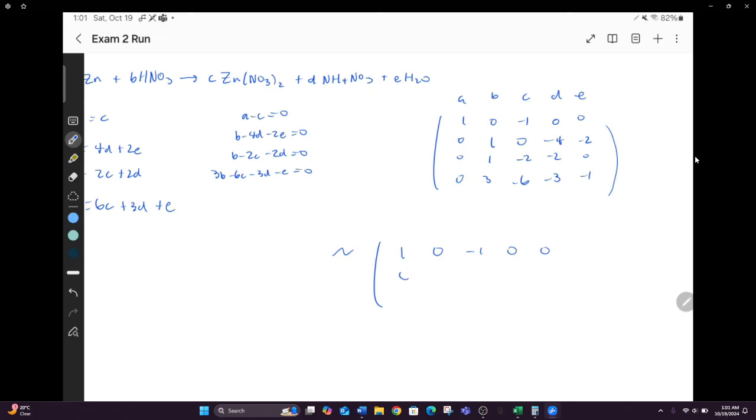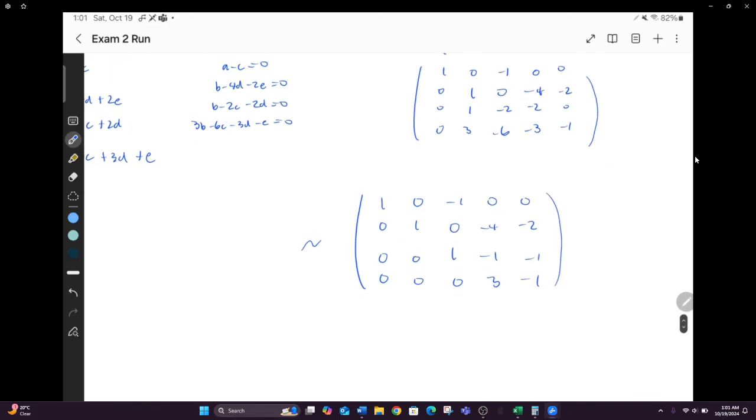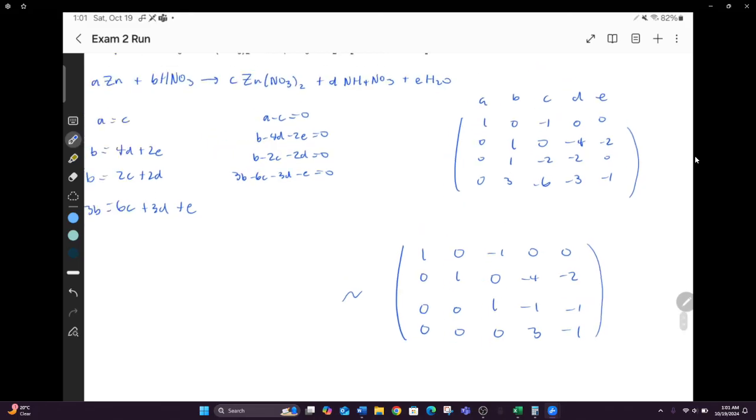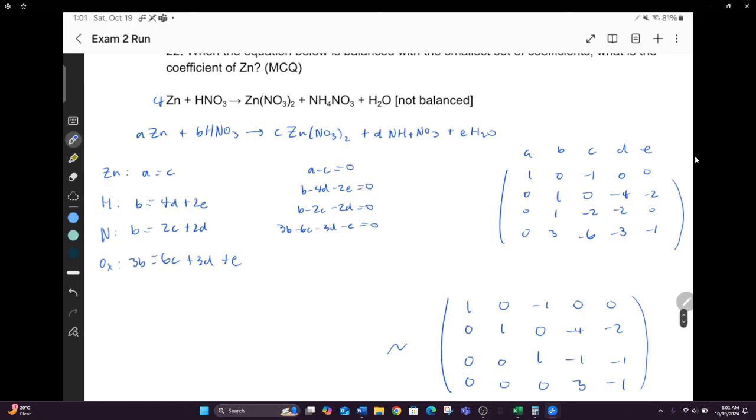This will be 0, 1, 0, -4, -2. This will be 0, 0, 1, -1, -1, and this will be 0, 0, 0, 3, -1. So again, if you have time for this, you can do this. If you have a method of doing this, that's better. You are wasting your time watching this part of the video.